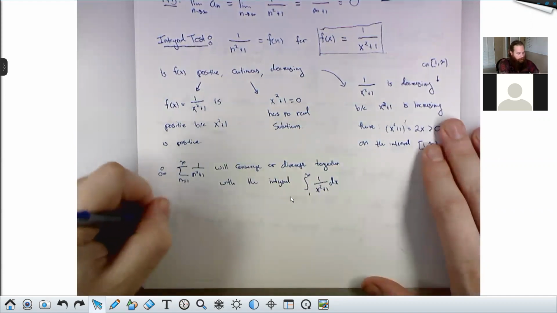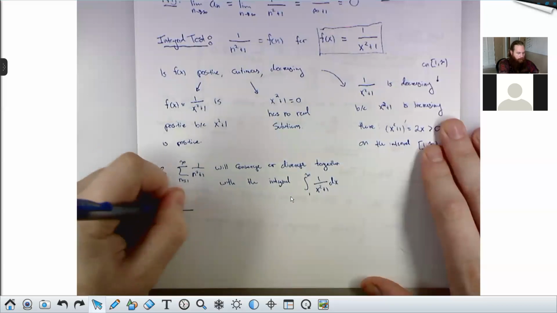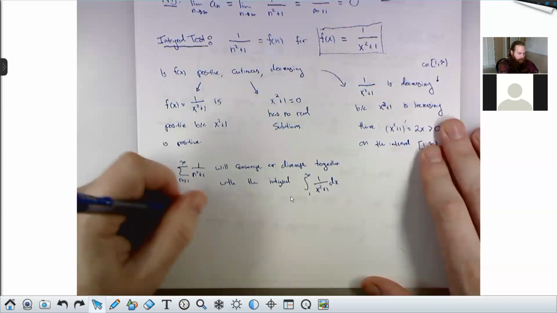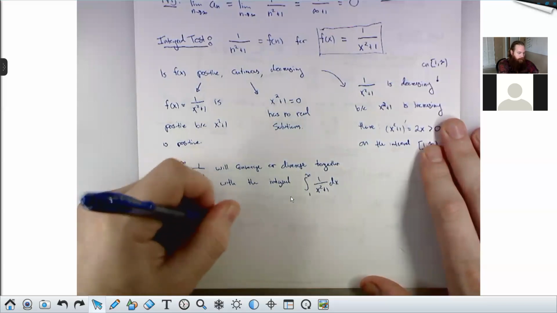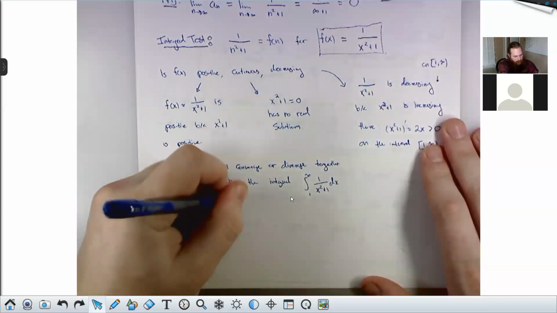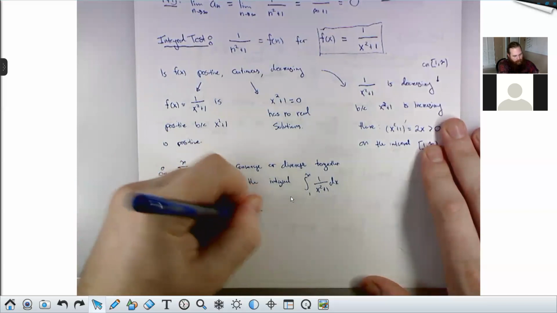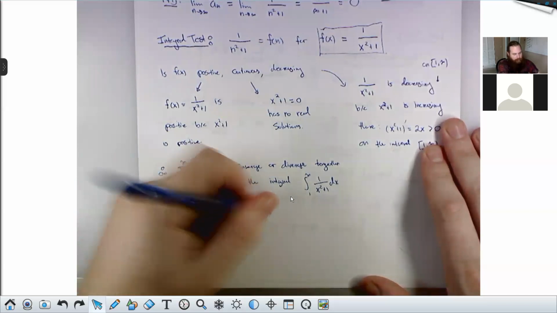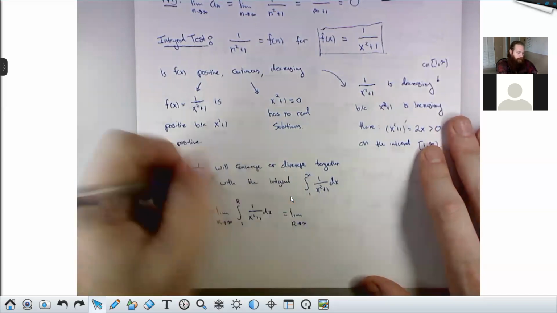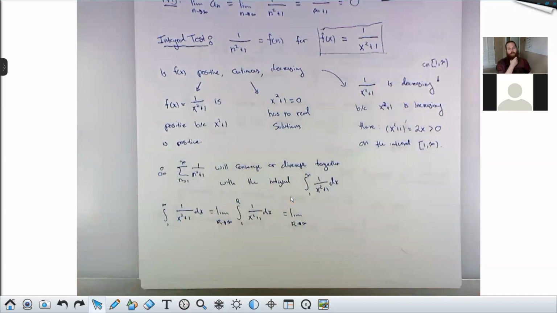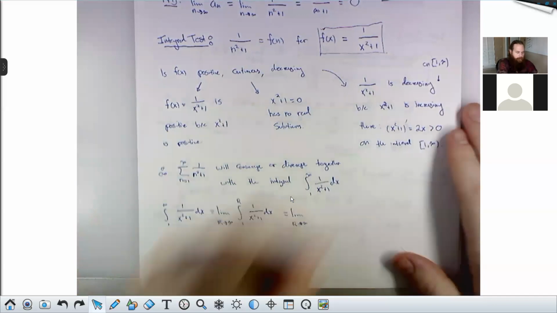So the integral from 1 to infinity 1 over x squared plus 1 dx is the limit as r goes to infinity, integral 1 to r, 1 over x squared plus 1 dx, which is the limit as r goes to infinity. I need an antiderivative for 1 over x squared plus 1. That's arctan.